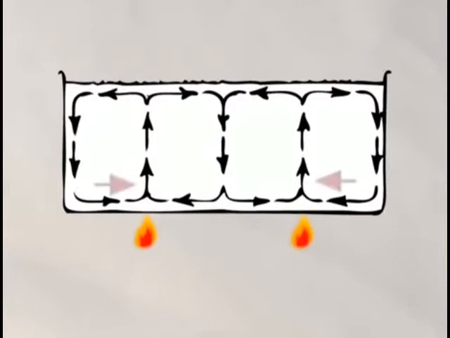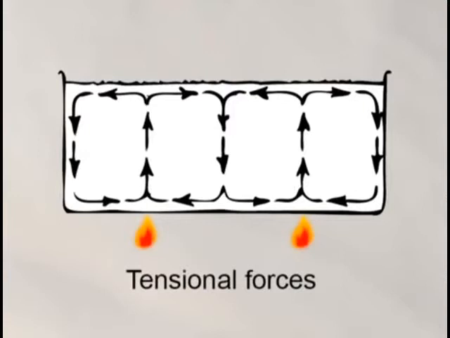Now picture this now. The water coming up underneath the wood, the rising portion, spreading out underneath the wood plank, and it sort of pulls by drag on the wood. Well, that kind of thing, that's tensional forces. So above the rising portion of the convection cell, you generate tensional forces within this slab of wood.